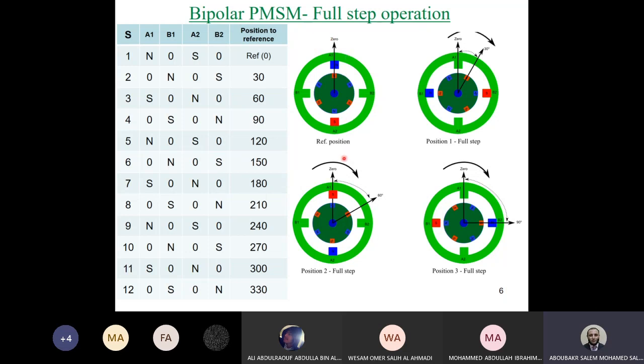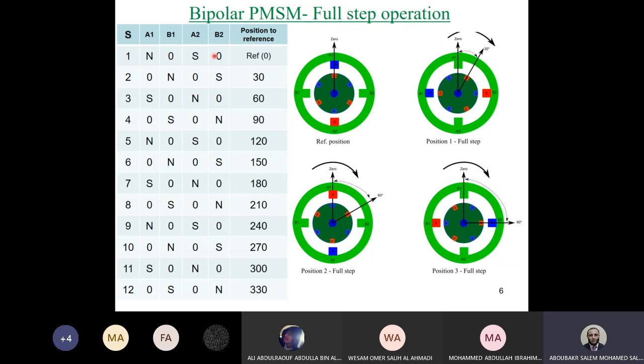Simply, the first step will be the same as in the unipolar case. When we energize coil number 1, A1 is N and A2 is S. So instead of adding zeros and ones, we have to assign the polarity of poles.